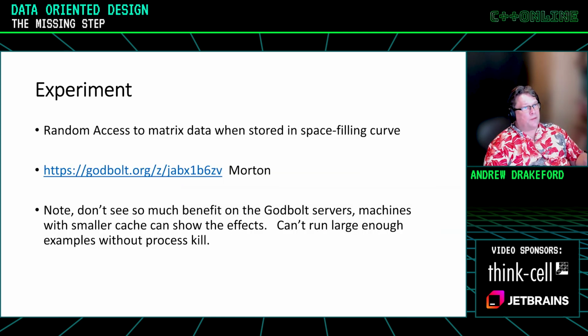I've put together a quick example on Godbolt with the Morton curve. This actually works on my machine, honest guv. When I put it on Godbolt, it didn't work. And the Godbolt servers have probably got very, very large caches.